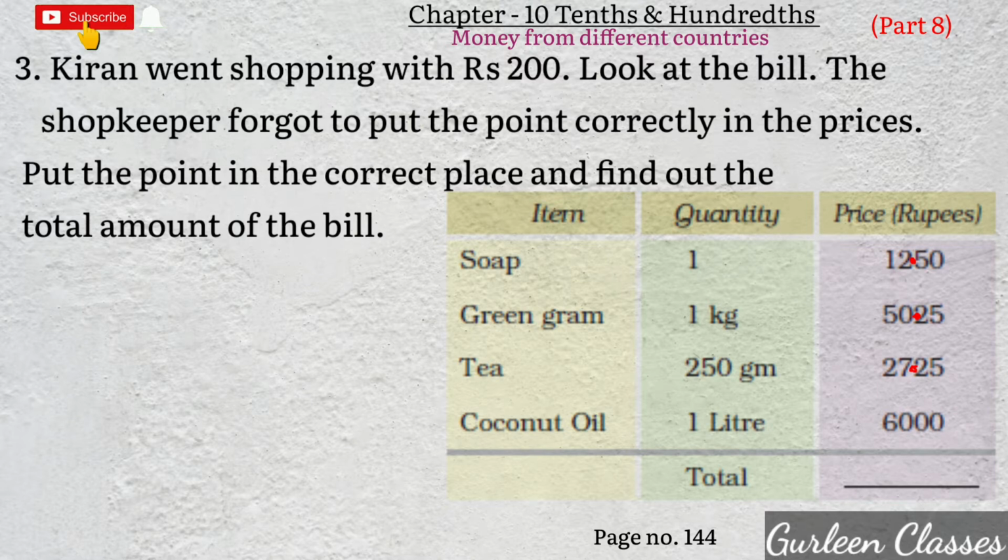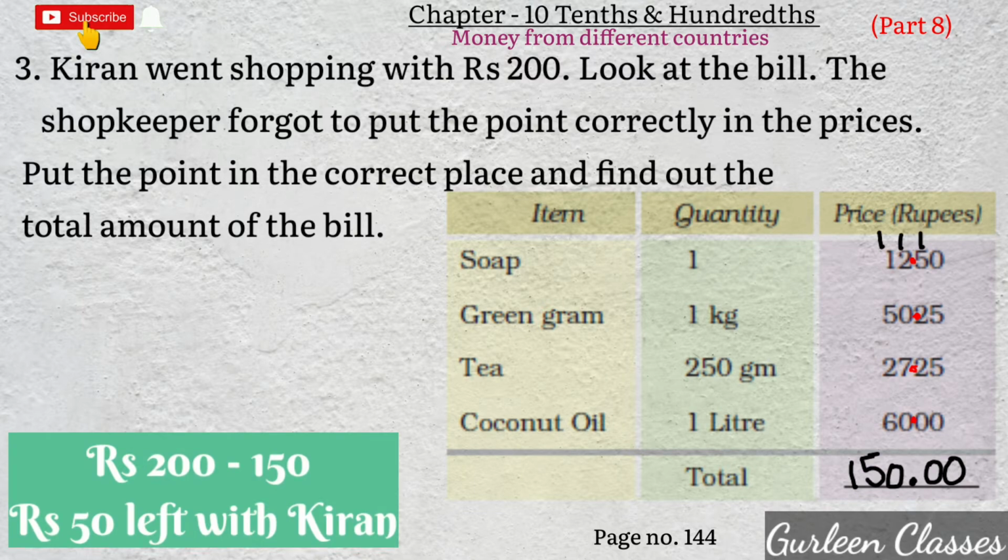Now coconut oil 1 liter. It will be 60.00 means rupees 60. Now we have to do total. So add them. It will be 150.00. So Kiran went shopping with rupees 200 and she did shopping of rupees 150. So 50 rupees are still left with Kiran.